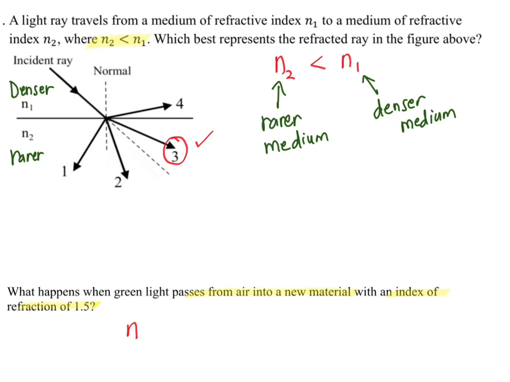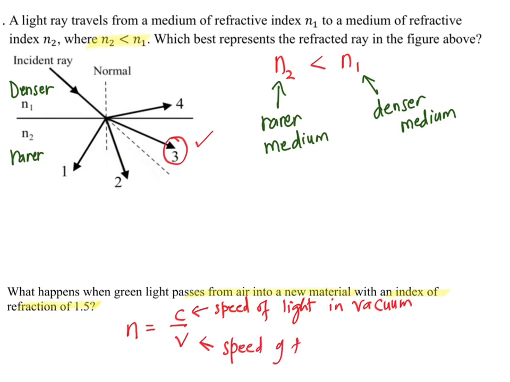So we know that refractive index is defined by this equation, C over V, where C is the speed of light in vacuum and V is the speed of light in the medium. In this case, the medium is the new material. That's what they said, it's a new material. So vacuum, you can also assume that as air, that's the closest which comes to vacuum.